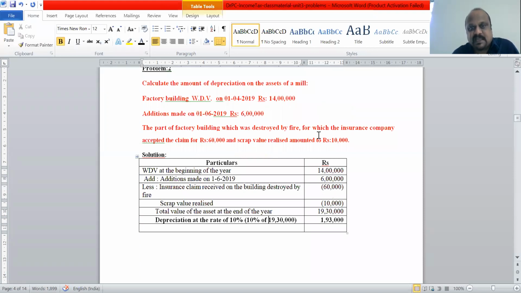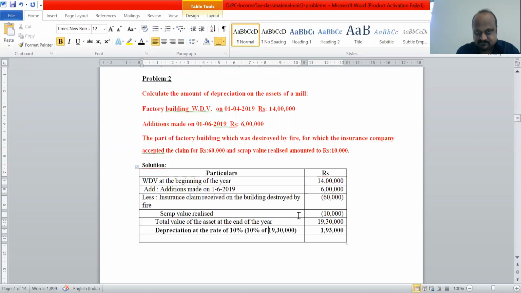Whatever problems I'm solving here correspond to the latest years, so you have to use the latest rates of depreciation. There have been some changes in the rates, which I will tell you as we go to the problems. So this is how we have to calculate the depreciation.